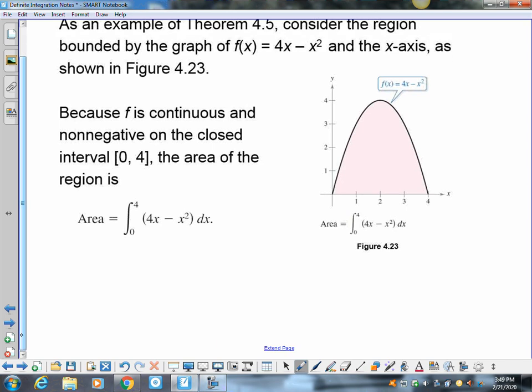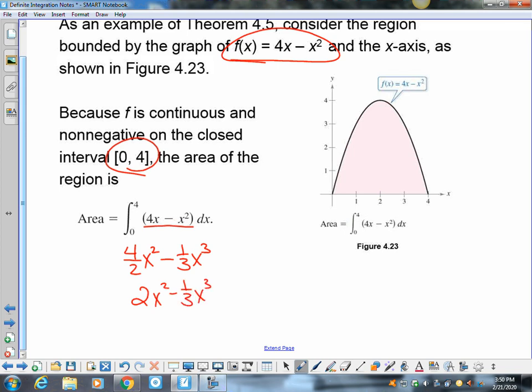Okay, so if I'm looking at this function, I know that this is a parabola that opens down. It tells me that it wants me to find the area from 0 to 4, which are its x-intercepts. So what I'm going to do is take the integral of it, which would be 4 over 2 x squared minus 1/3 x cubed, and I'm going to simplify that.